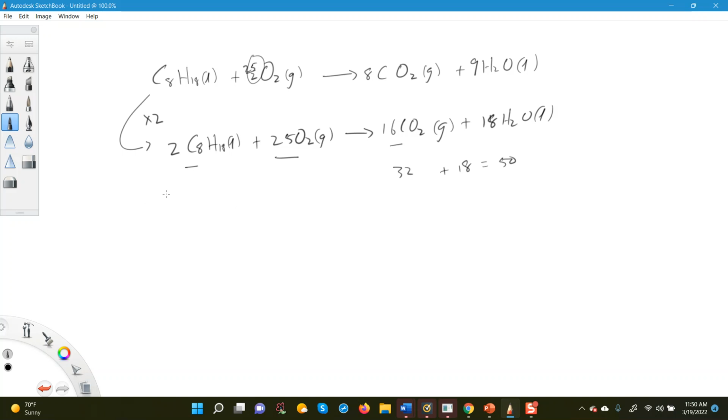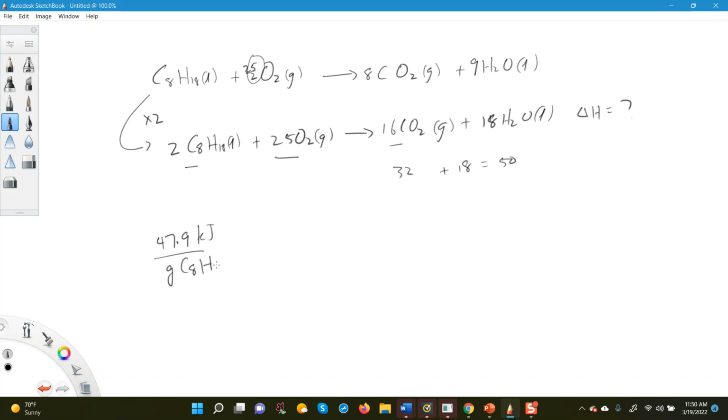The next step now is to determine the enthalpy change for this reaction. Now, how are we going to do that? Well, first thing we're going to notice, the question gives us that the reaction produces heat, and the amount of heat that is produced is 47.9 kilojoules of heat per gram of octane.